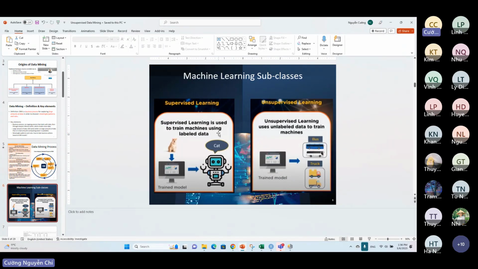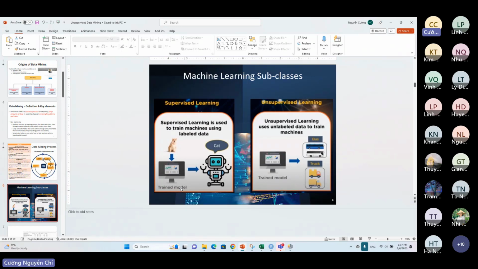So we have the two main types of machine learning, or you say data mining. One would be supervised learning, used to train the machine to label the data. For example, if you have a lot of images of different kinds of animals and you let them know that this kind of animal will be a cat.